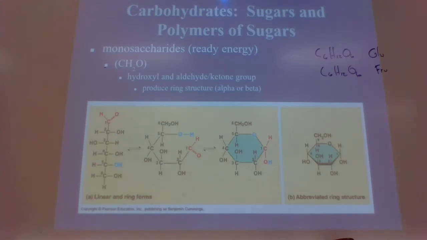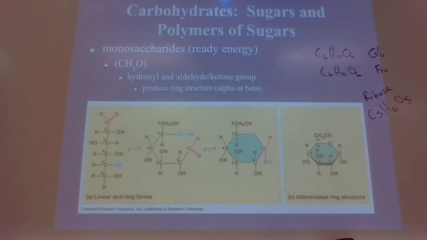We're also going to see one called ribose. Right? Ribose is found in RNA. Deoxyribose is found in DNA. It is C5, so they would be H what? 10O5. Right? So these carbs always follow a 1 to 2 to 1 ratio.